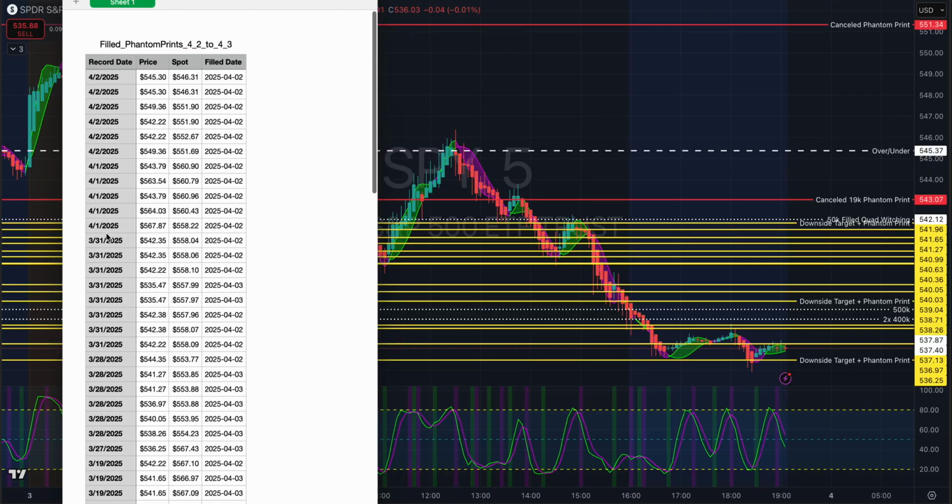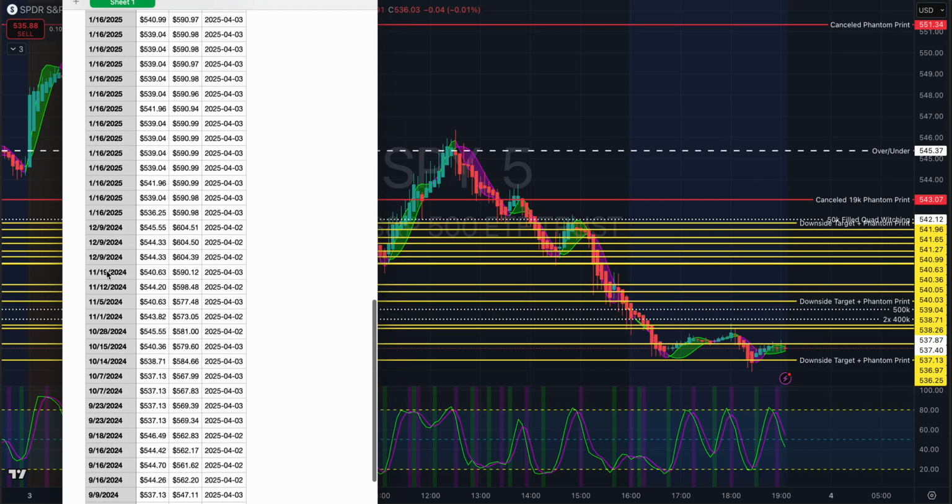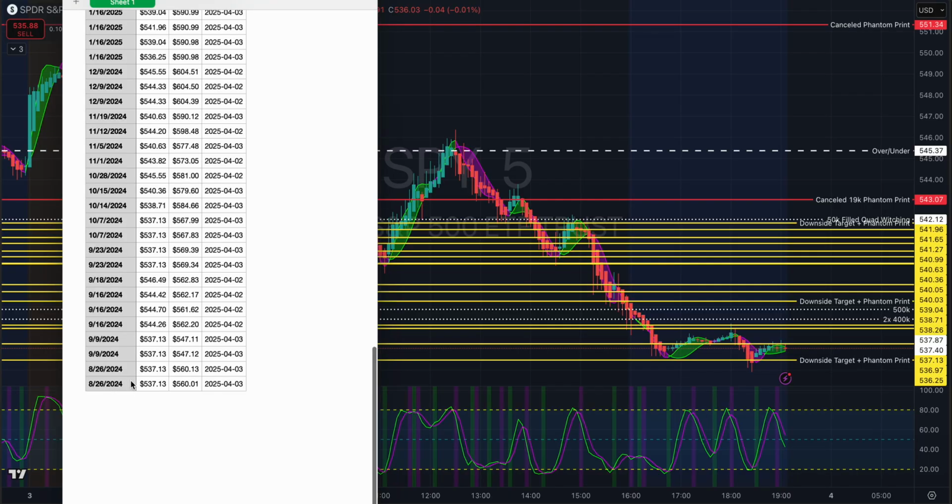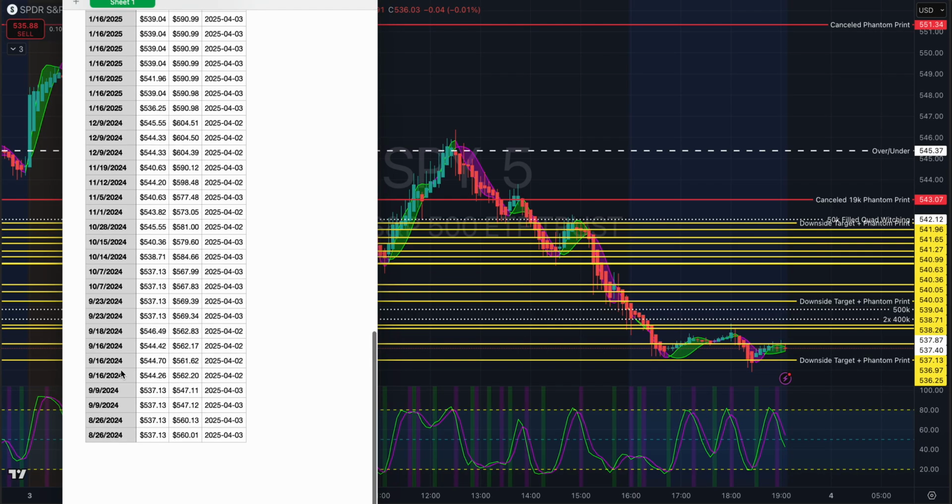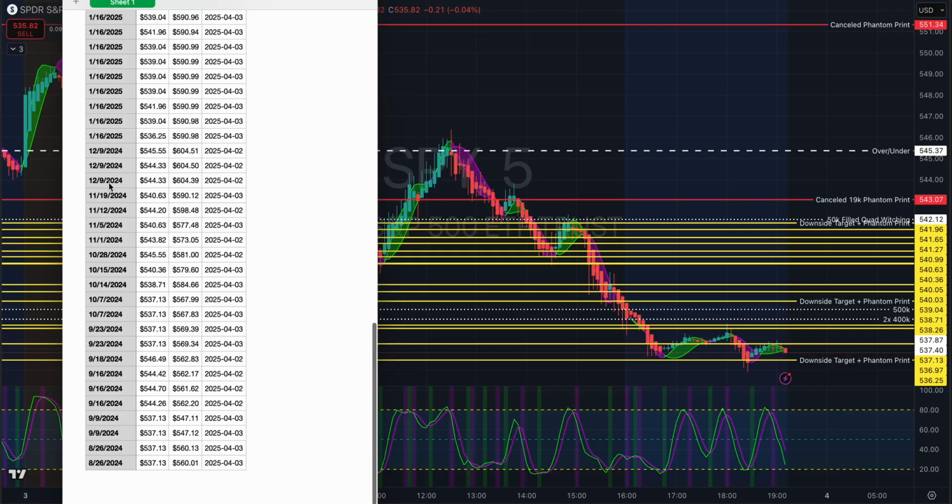And a lot of them were recorded even back to 2024. Price fluctuates and it will leave some behind sometimes, but you can see that they become key targets as the trends are right. You can see it back around December when we were trading around 604.